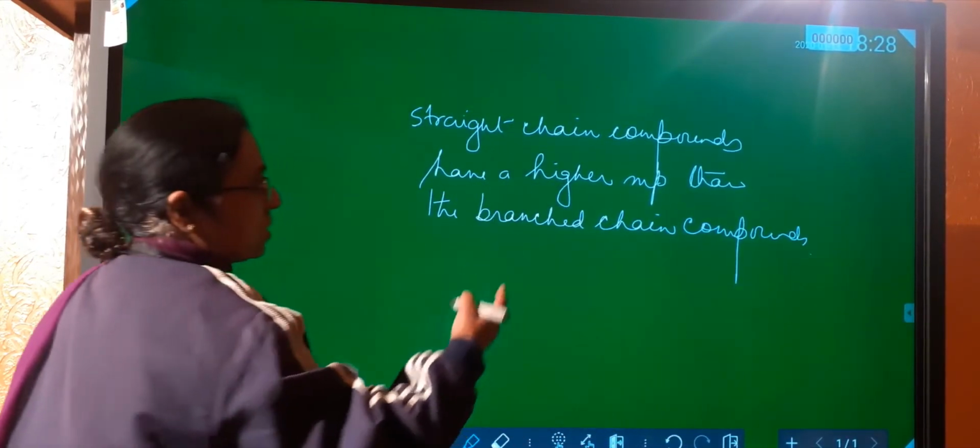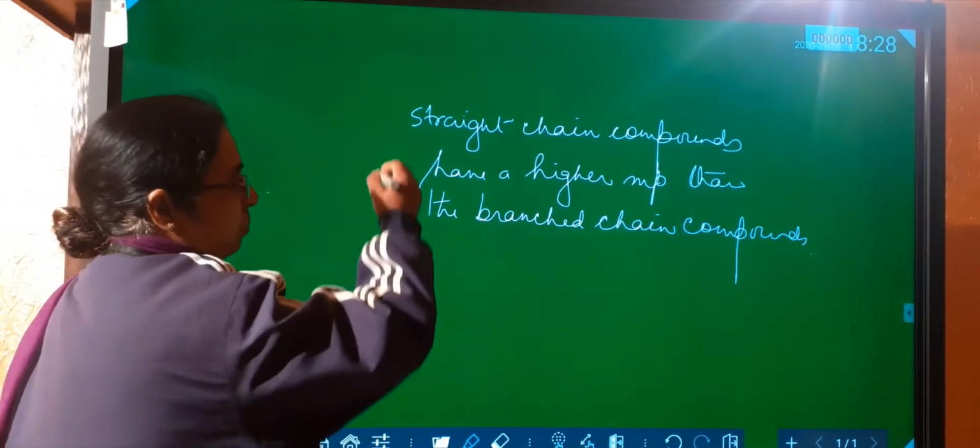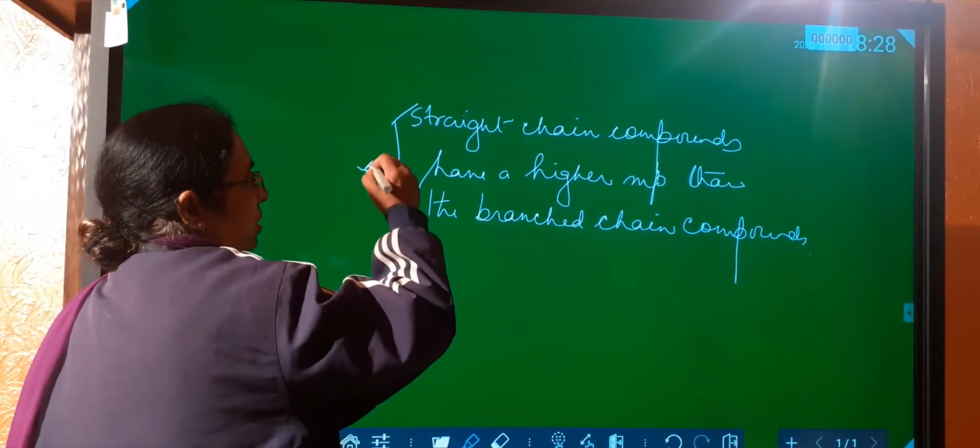Right? Straight chain compounds have a higher melting point than the branched chain compounds.